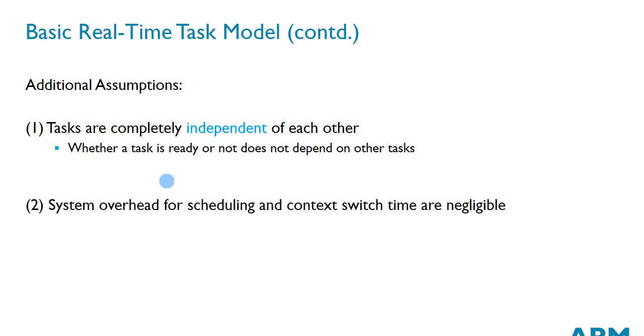Some other additional assumptions. Tasks are completely independent of each other. Once a task period comes around, we say that it automatically goes to the ready state. And we also do not factor in any overheads due to context switching. Again, these are just some assumptions.